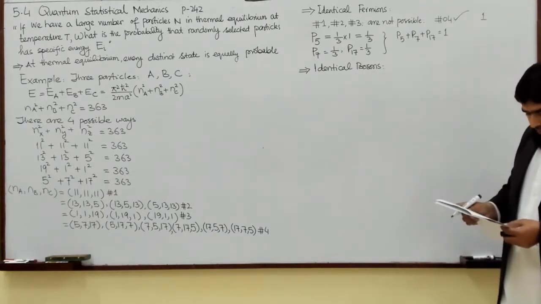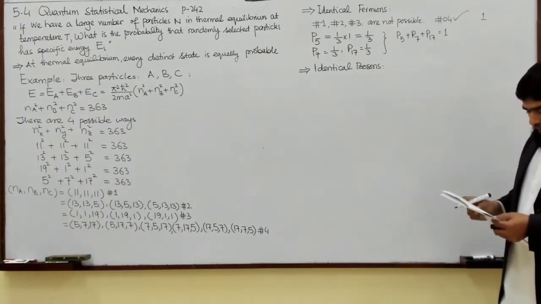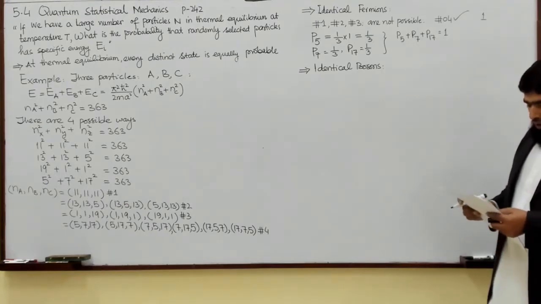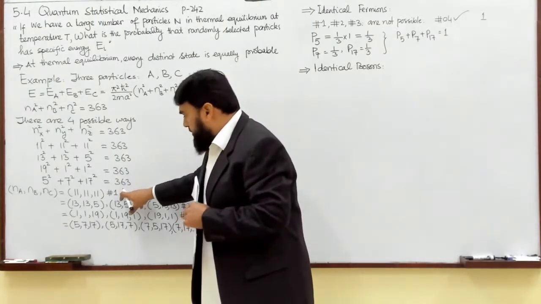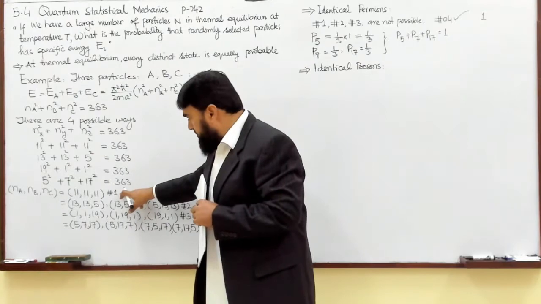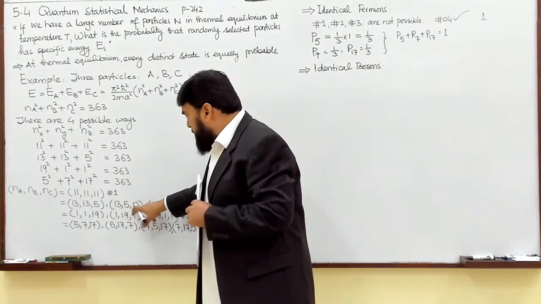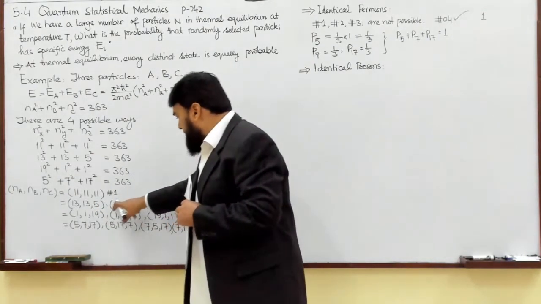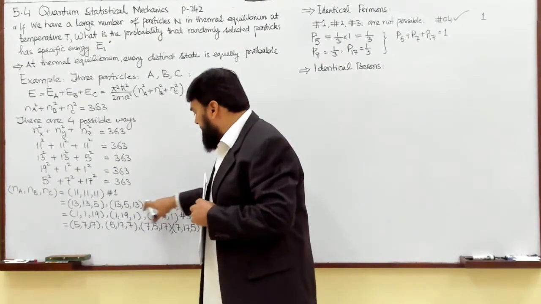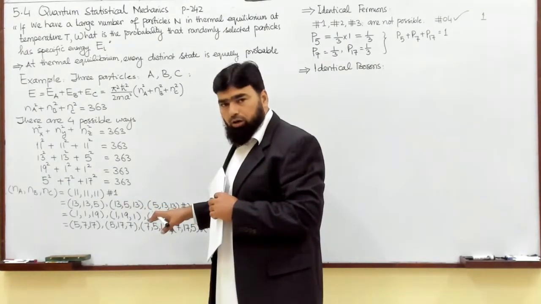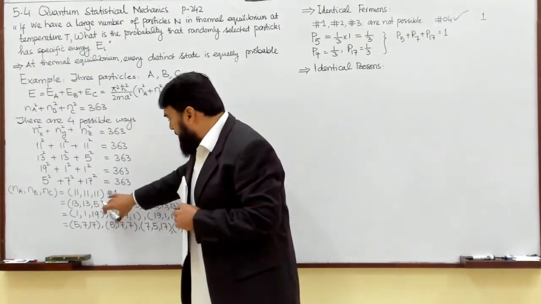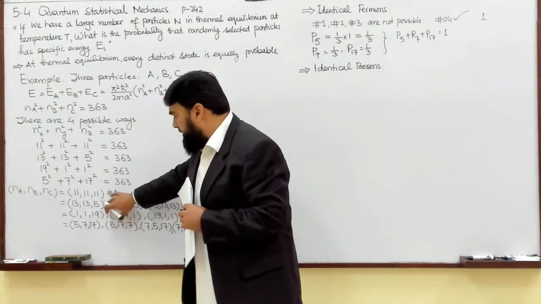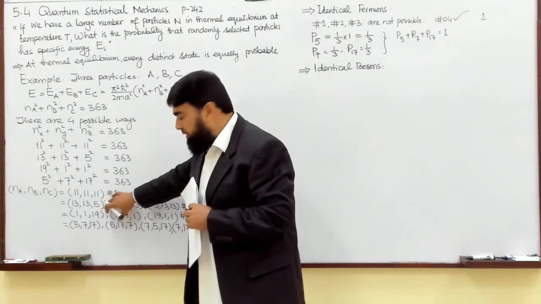So for the identical bosons, this is one configuration that is possible. Because the particles become identical, these number of ways will not be possible, but only one way is possible.